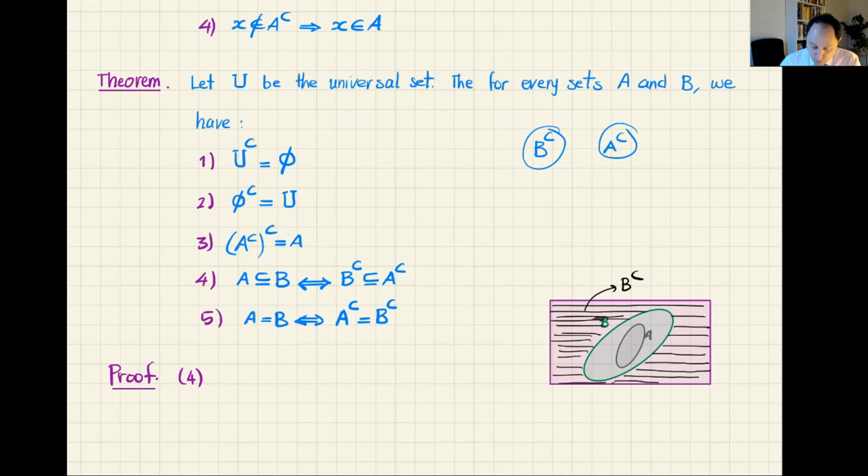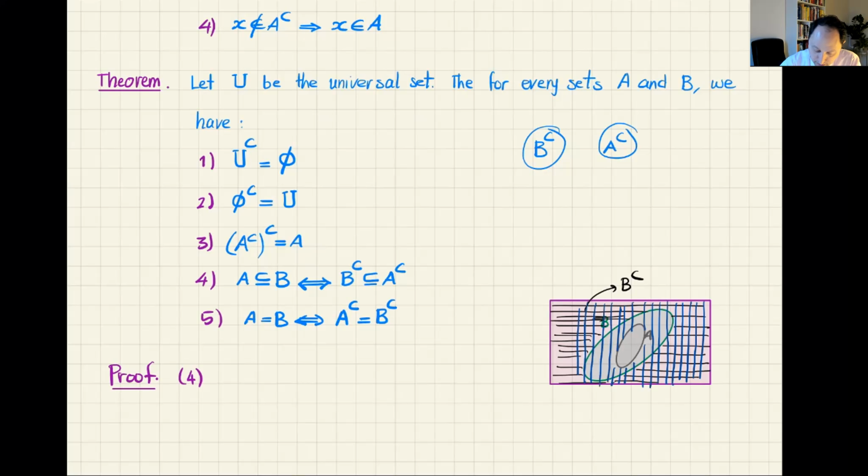But if I ask you what is A complement, then A complement means outside A. So let me hatch them vertically. Outside A, so I need to hatch everything outside A. So with these blue ones that I am drawing, I am allowed to go to the green area, but I'm not allowed to go to this gray area. I need to be careful about that.